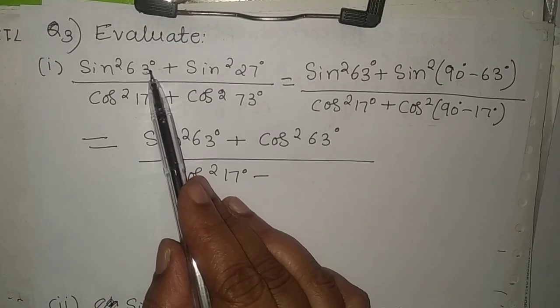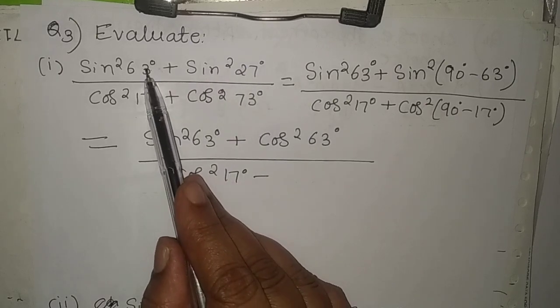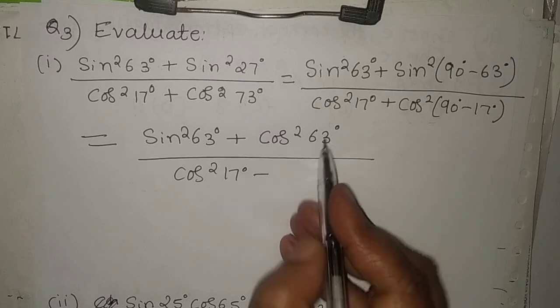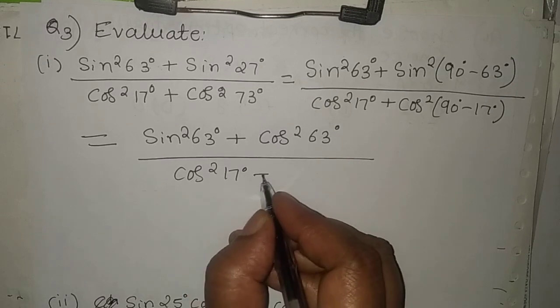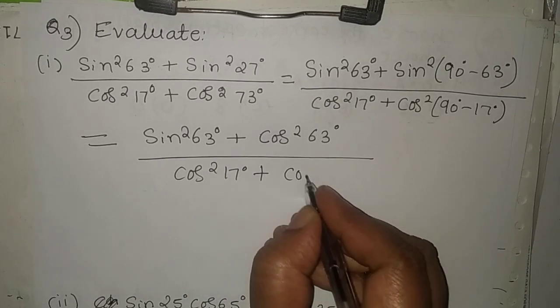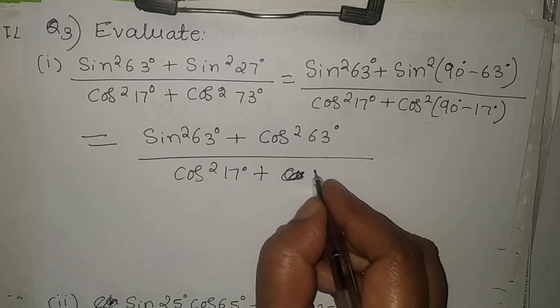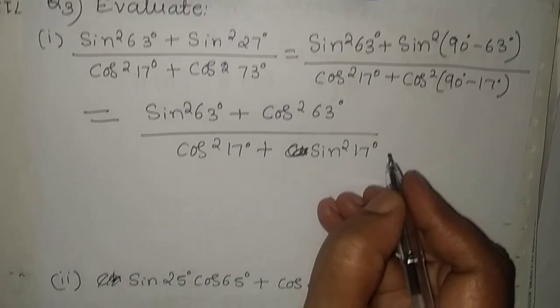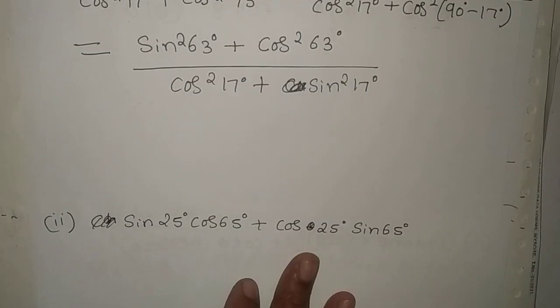Here 63 degrees is there, just bring it to 63 degrees. 17 is there, just bring it to 17, that's all. Minus this is plus sin square 17 degrees. That's the solution.